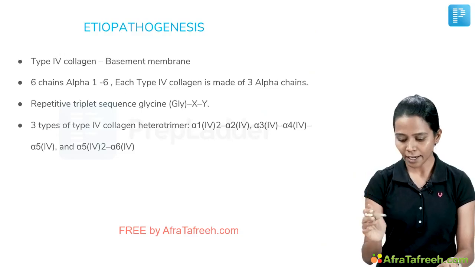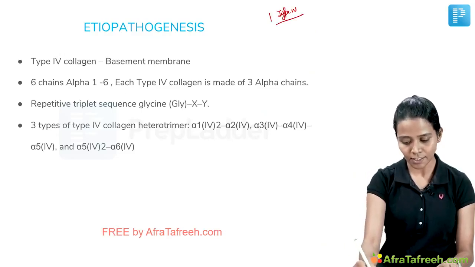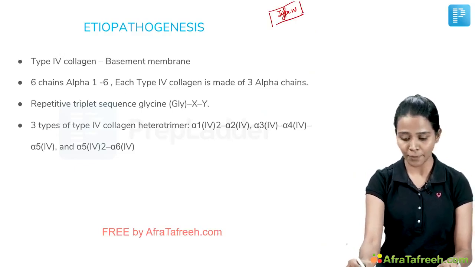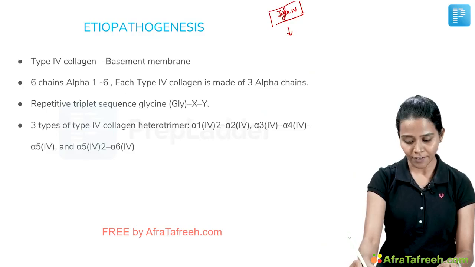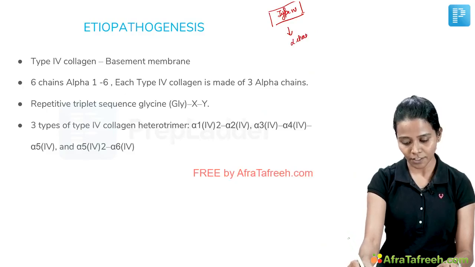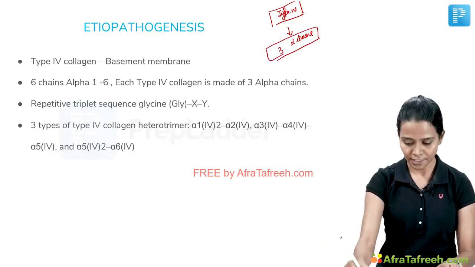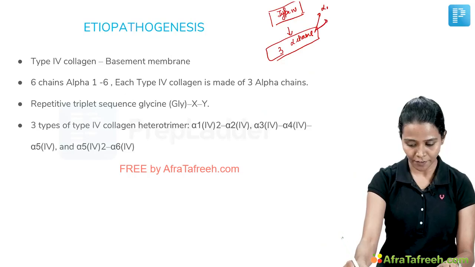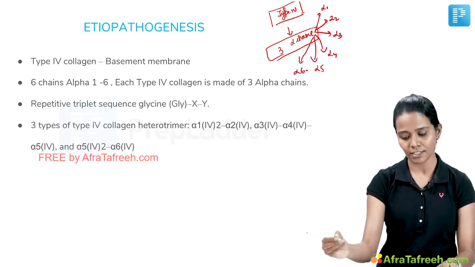In etiopathogenesis, I have told that type 4 is the type of collagen that is present in the glomerular basement membrane. Each collagen is made up of alpha chains. How many alpha chains? That is 3 alpha chains. Generally, there are 6 types of alpha chains, that is alpha 1, alpha 2, alpha 3, alpha 4, alpha 5 and alpha 6, right?